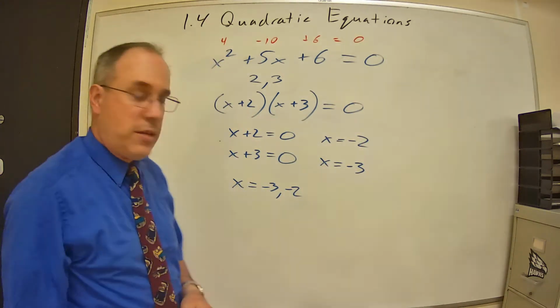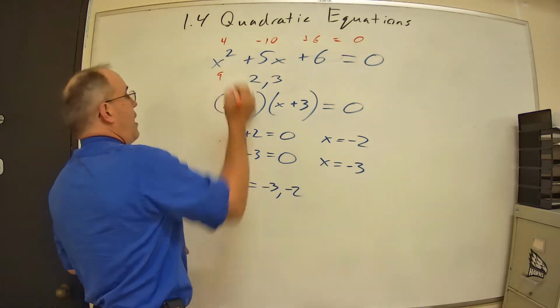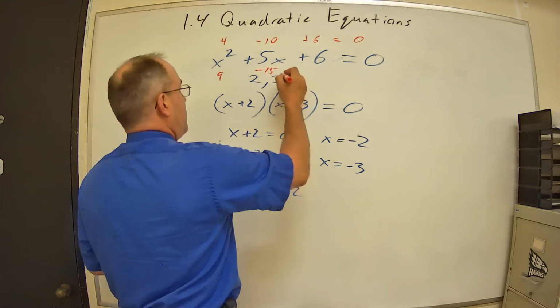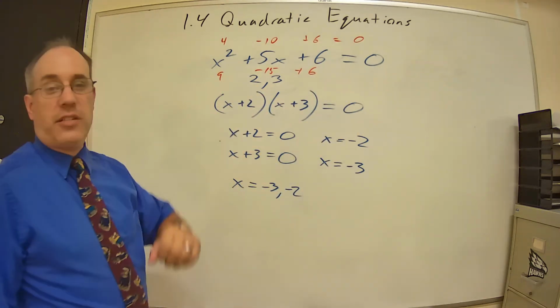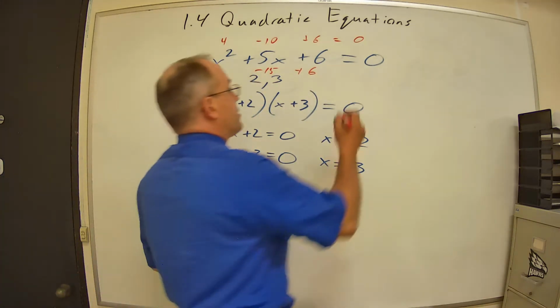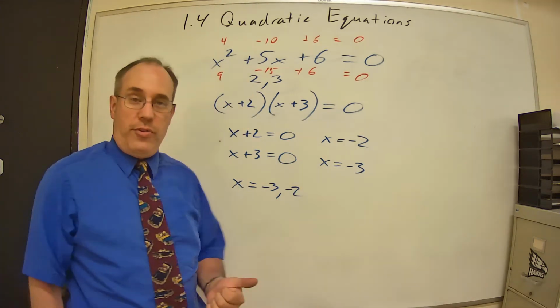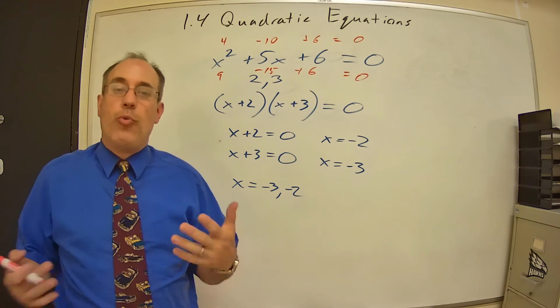So that worked. And what about negative 3? Negative 3 squared is 9. 5 times negative 3 is minus 15. Plus 6. 9 plus 6 is 15. Minus 15 is equal to 0. So we can see that it worked for both of those. So the zero product property is valid. It's usable. We can do that.